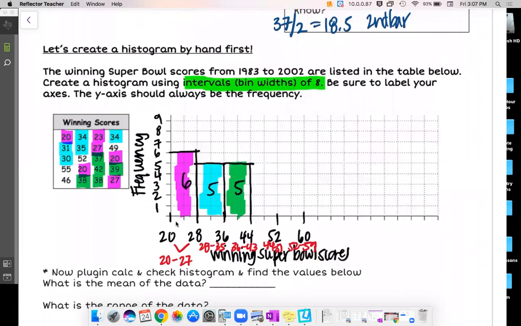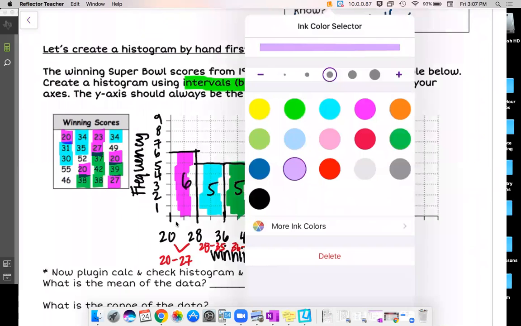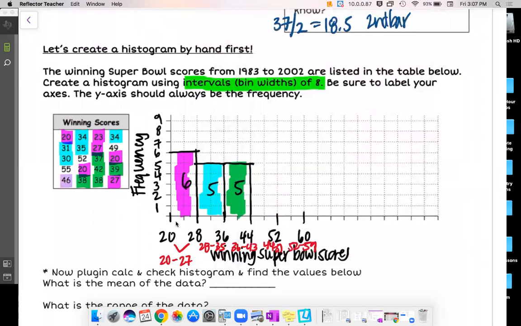Then we have, what's this next one going to be? 44 to 51. So there are only 2 of them. And last we have 52 to 59, and it looks like we just have 2 left over, so this bar is also going to be 2. Okay, so that's how we create our histogram.